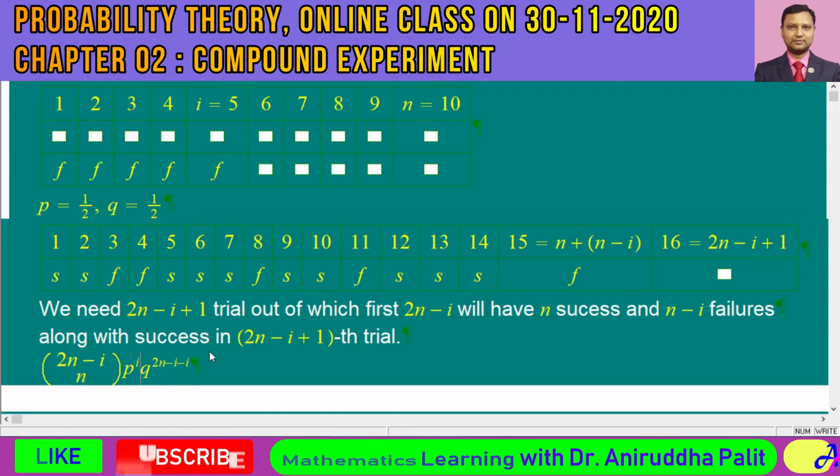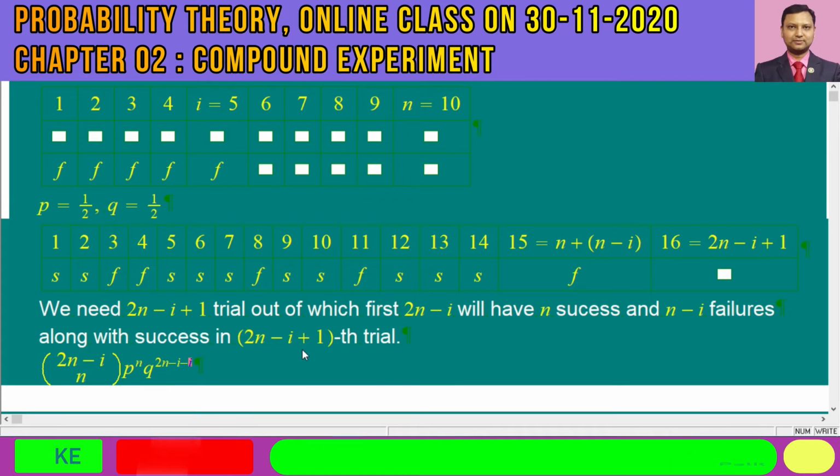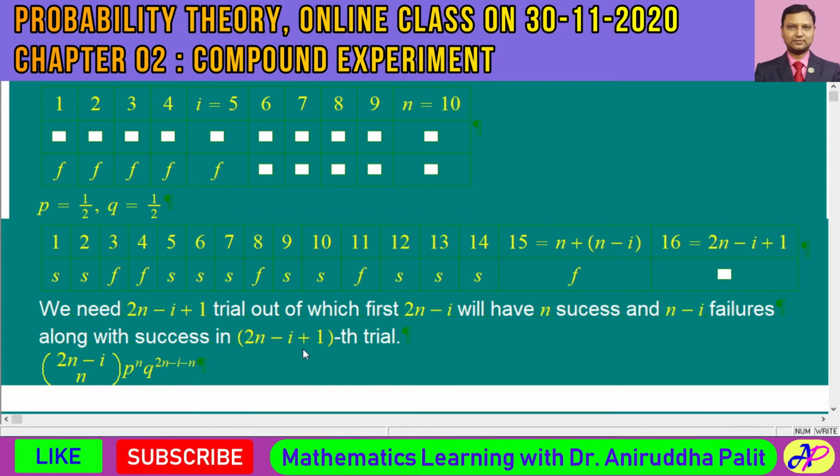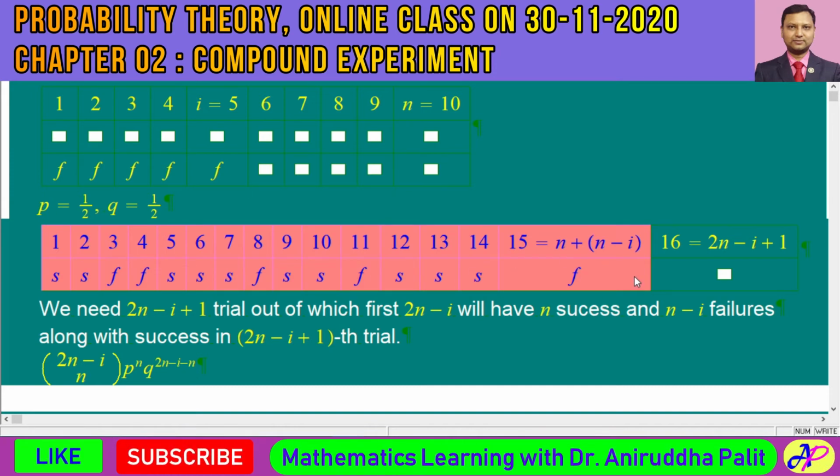So that would be the probability for n successes out of 2n − i trials, and this is for the first 2n − i trials.